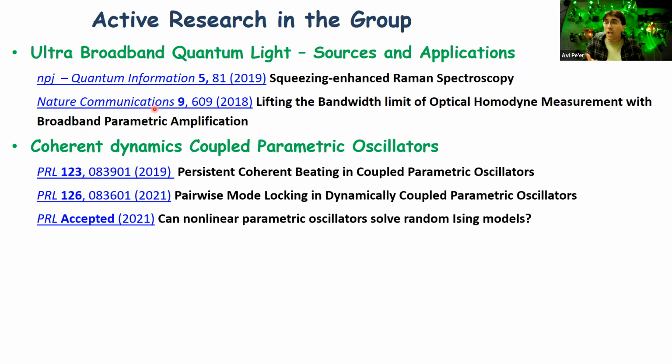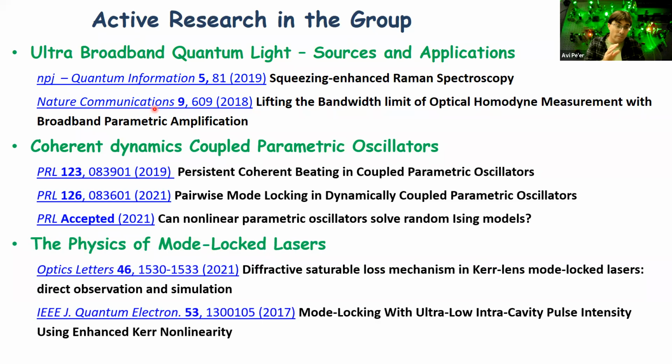You can generalize this to something that we call pairwise mode locking, which generates broadband, something like a comb out of parametric oscillators, but it's not a pulse. We can consider the relation of this and the relevance for solving the Ising model. These are things that I know are done at Stanford also quite a bit, but I won't say almost anything about this. So if you're interested, you can email me, ask me later or whatever.